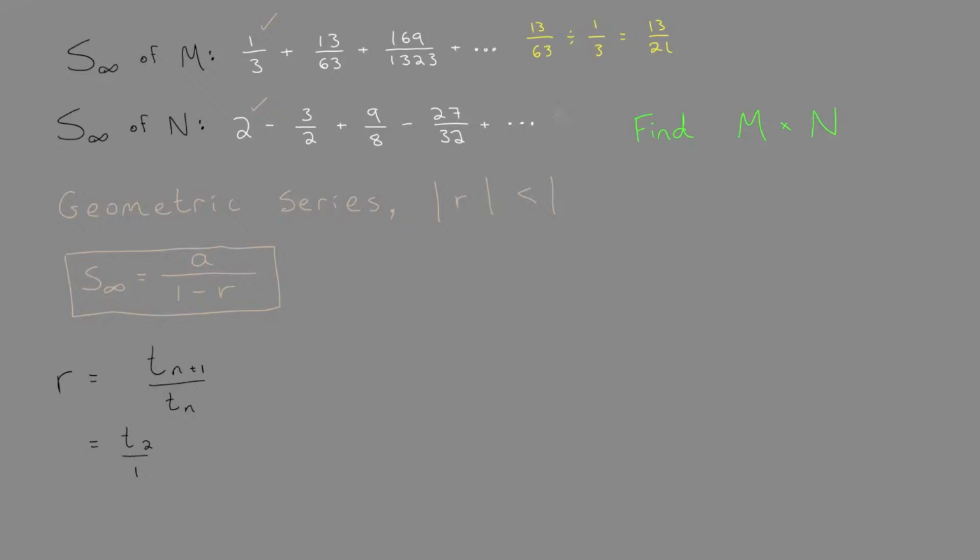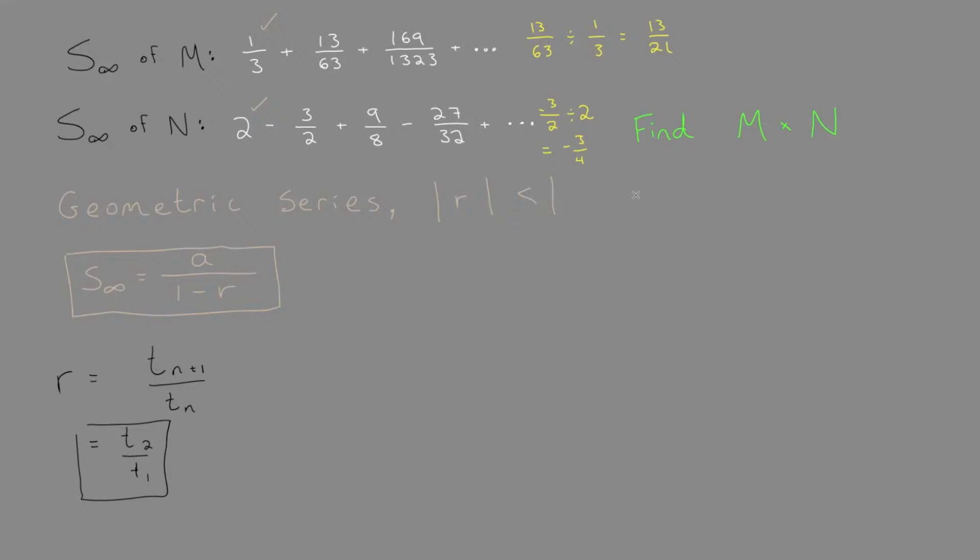And doing that for the second series, we do negative 3 over 2 divided by 2, which will give us negative 3 over 4. Sorry, this was supposed to be T1. So that's what we did to find the common ratio. Just basically divide the second term by the first term.